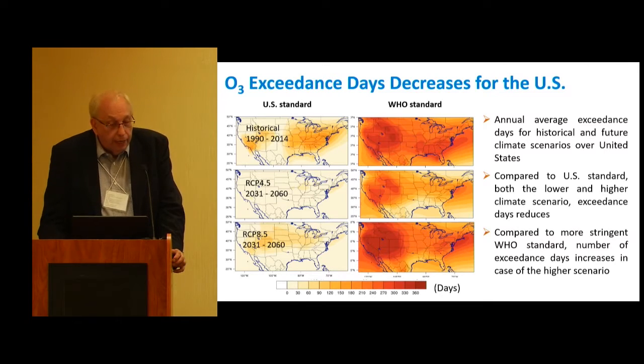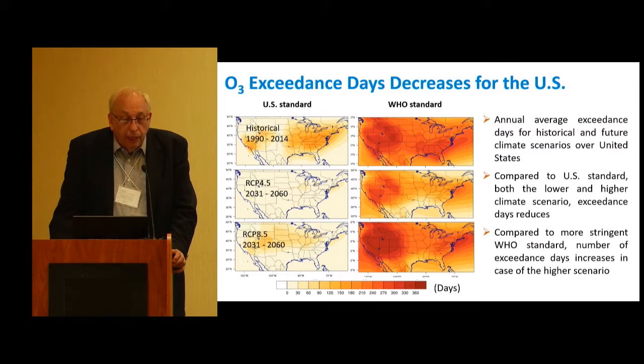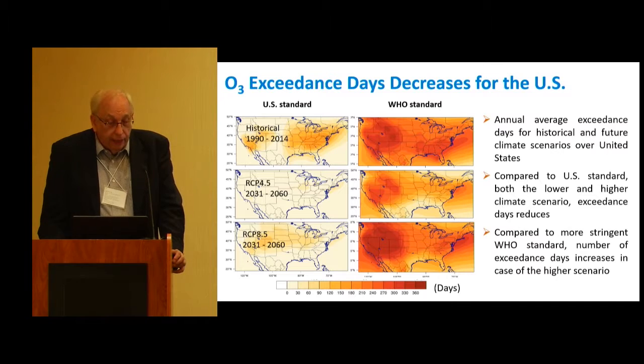So if we first look at the United States and look at both the US standard and the WHO standard for ozone, we find the various parts of the US and a number of major cities definitely have an air quality concern, with a number of days above the standard, in many cases much of the summer being above the US standard.